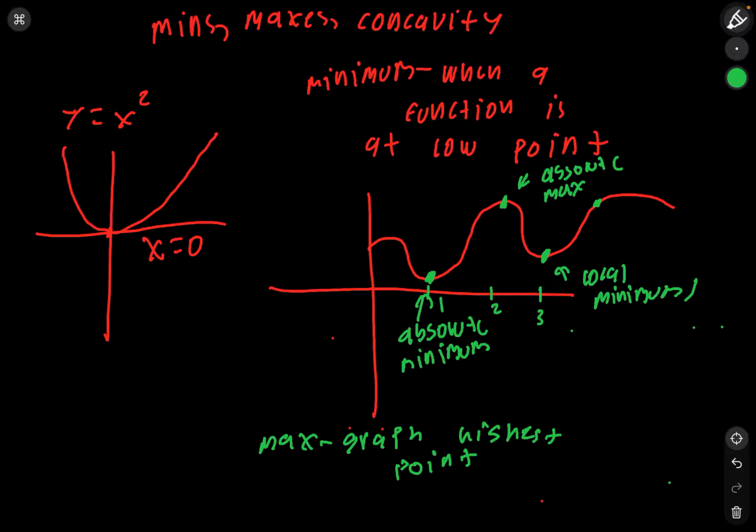You can also count this one if you really want to, because I kind of stopped drawing that. Let me make that red again. So this would be a local maximum. Both of these are local maximums. However, this would be the absolute maximum.